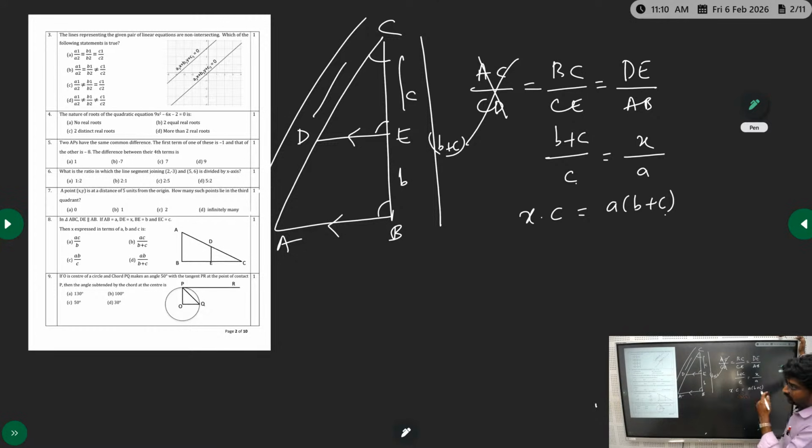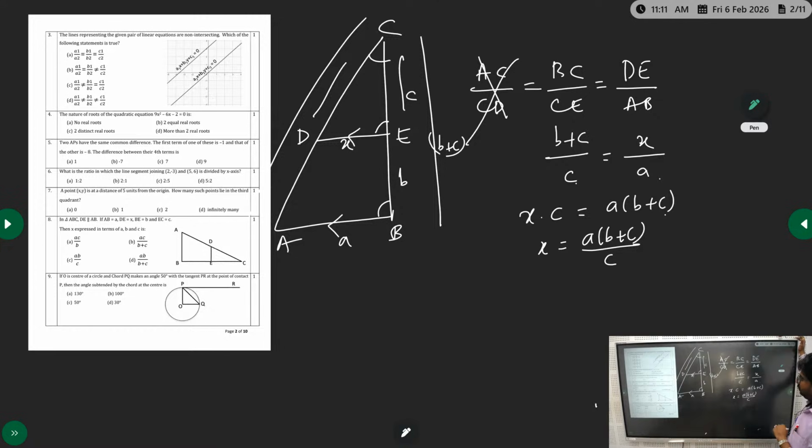What is the DE value they gave? X. I have taken it as X. What is the AB value? A. We have taken right. Then the answer options we are not getting. X is equal to A into B plus C by C, I am getting.